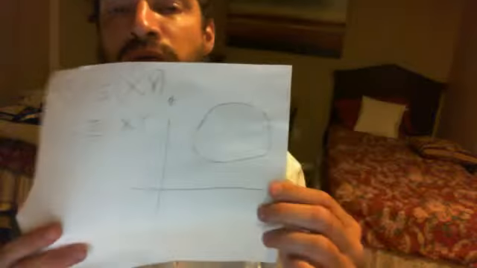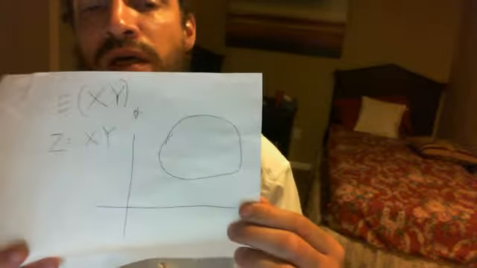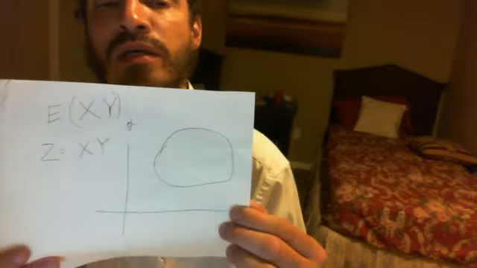What does this give us? It gives us something that's called E of XY, the expected value of x times y.